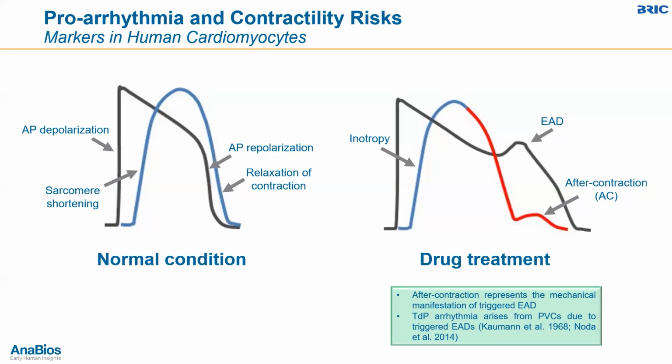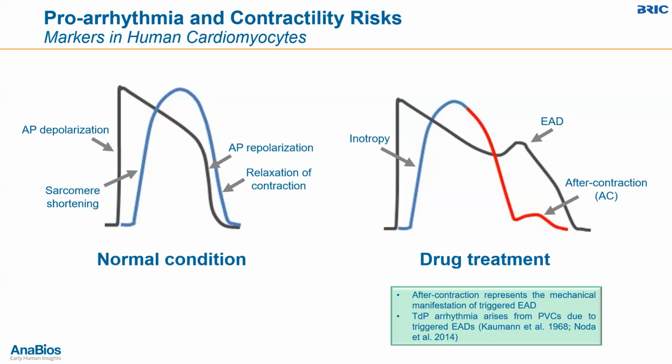Previously, to assess the potential of drugs to cause proarrhythmia and affect contractility, companies were running two separate models, where in one model you record action potential and in the second model you record contractility. What we are proposing here is to replace the two models with one model.